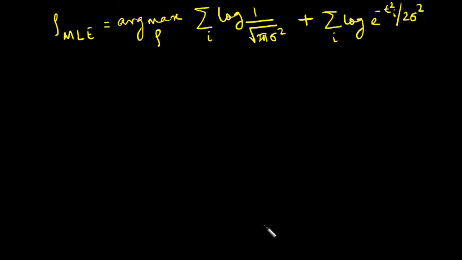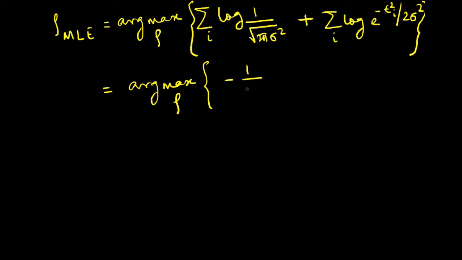Now we can notice that this quantity, log of 1 by root 2 pi sigma square, is just a constant. As you change your error, this does not really change. So this we completely throw away. And here the log of the exponential will again go away. And so what remains is arg max over rho of minus 1 by 2 sigma square summation over epsilon i square.